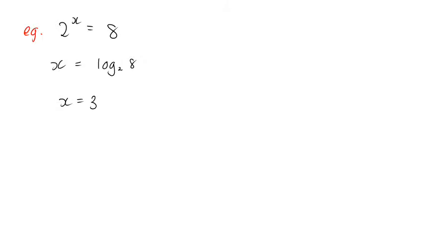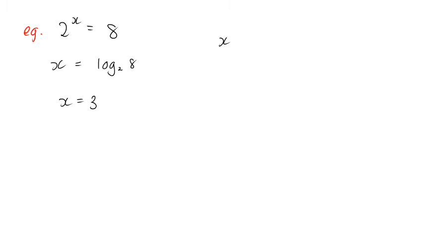The ones that you can probably do in your head are really straightforward because you pretty much just go back to the question. Log base 2 of 8 is saying 2 to the power of what equals 8? And it's 3. 2 to the power of 3 equals 8. Did I say it the wrong way around?